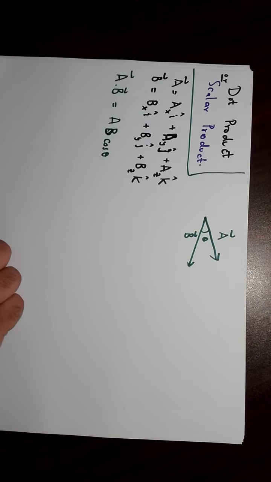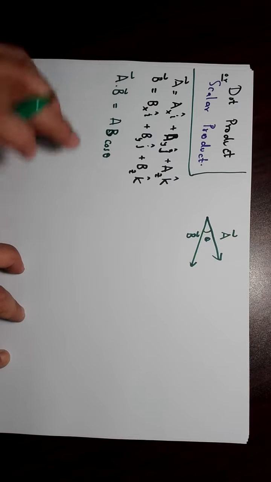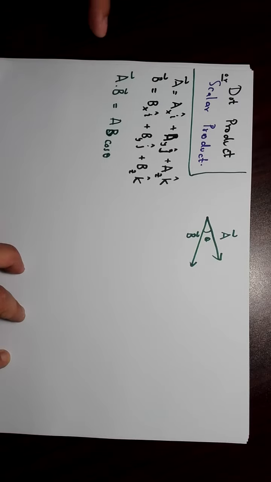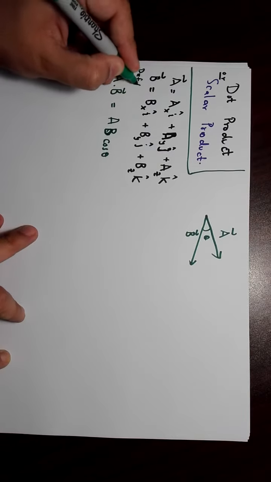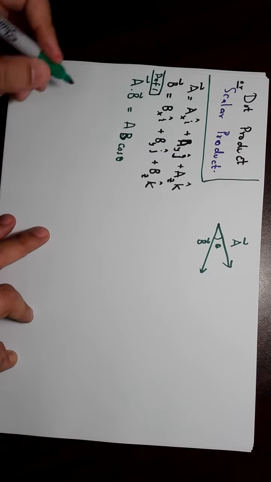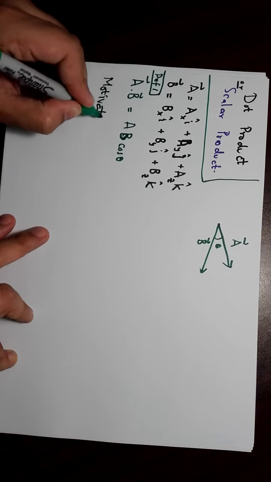So let's first look at some examples in physics where you get the dot product, and then we'll define the dot product in another way. Let's call this definition 1. What is the motivation of this?